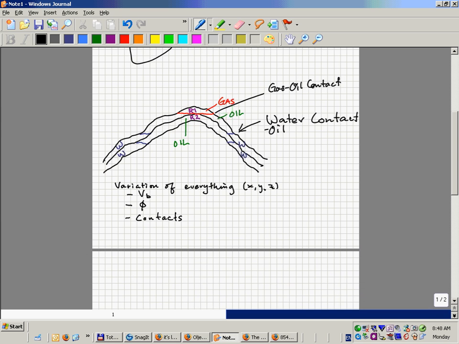Is it 20% of the pore volume? Is it 10%? Is it 50%? Because the difference between 5% and 50% is a factor of 10. And that makes a difference, even to geologists. Okay? So we need to know water saturation, because that will vary throughout the entire reservoir. We need to know water saturation.